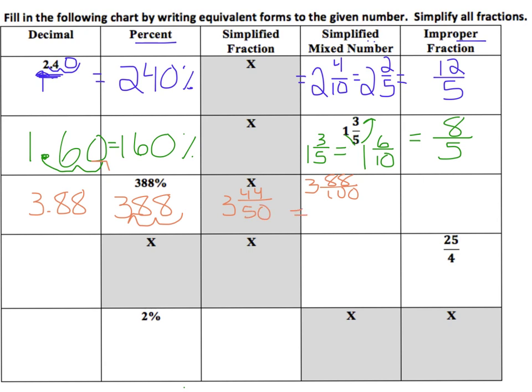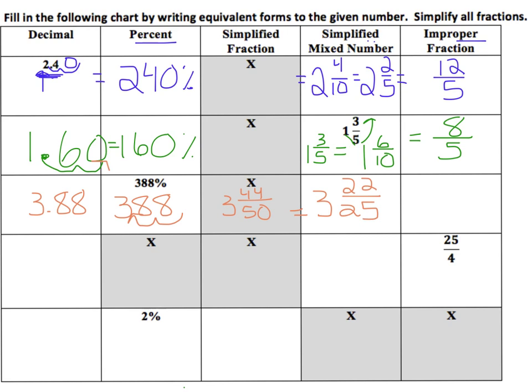Simplifies further. I'm going to erase this so I have room. So it would be 3 22/25. So that's simplified.